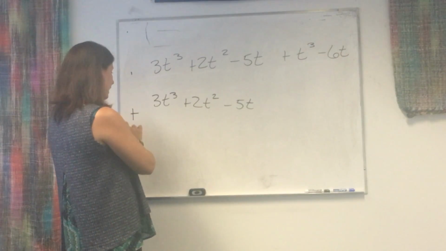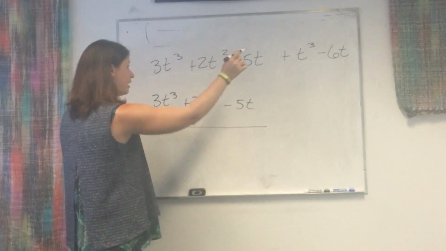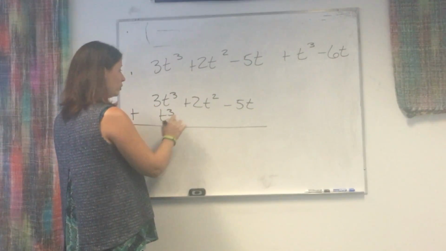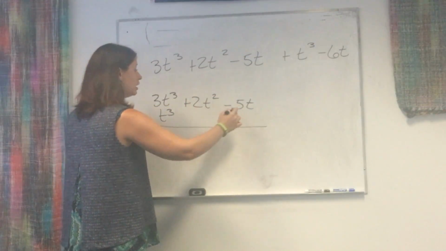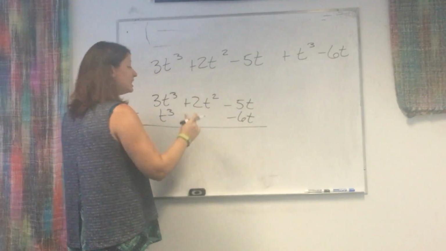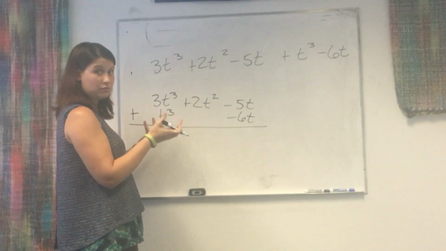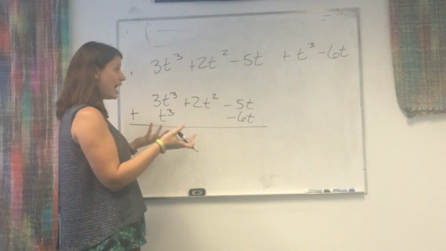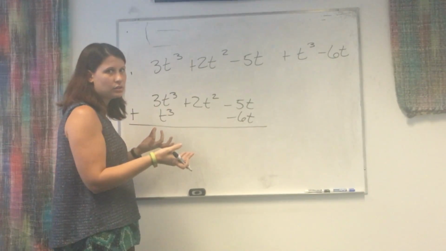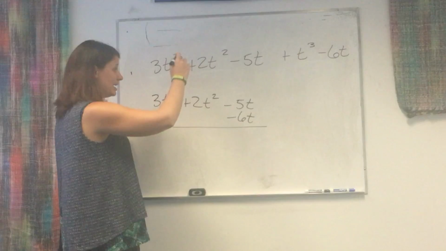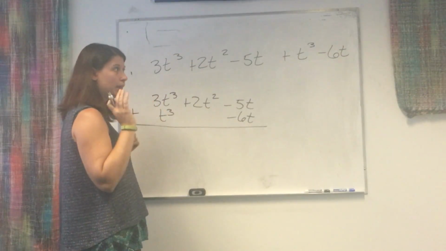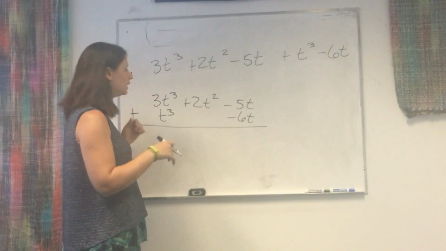So we would be adding, and we have a t cubed, we don't have a t squared, and we have a minus 6t. See how it already gathers everything that is alike together? So that can help you sort things. And then you just add down like a normal addition problem from preschool practically.